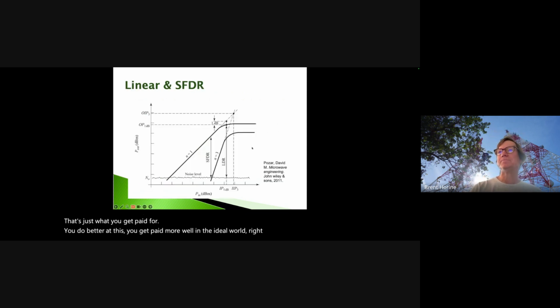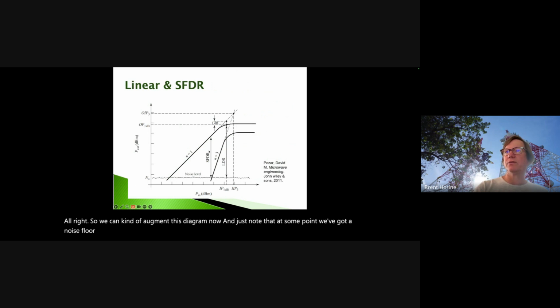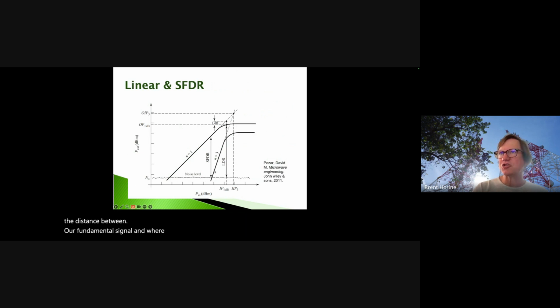All right, so we can augment this diagram now, and just note that at some point we've got a noise floor that we're dealing with, right? And so this spur-free dynamic range, we can look at what's the distance between our fundamental signal and where that third order intermodulation distortion spur is just starting to come out of that noise, right?